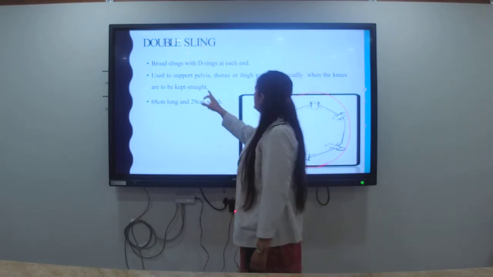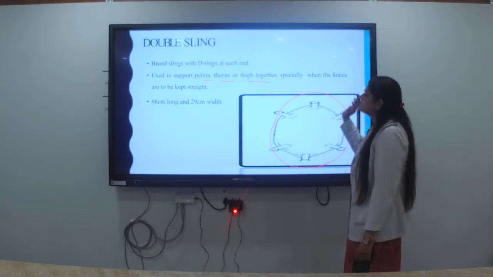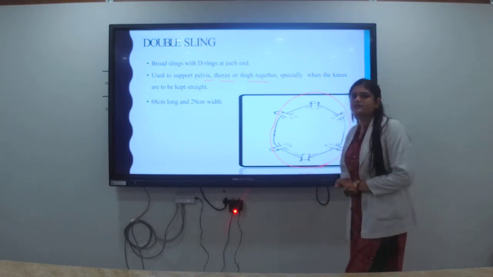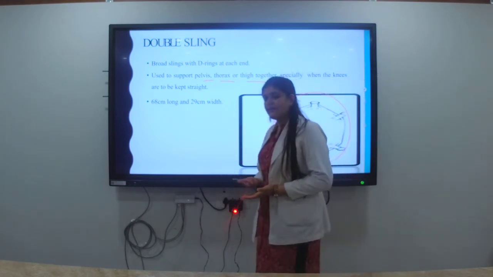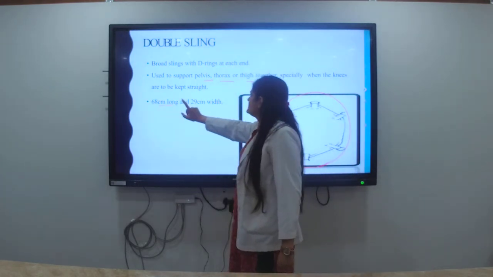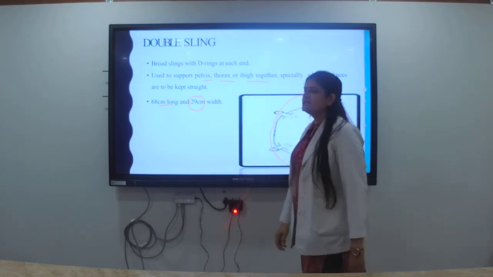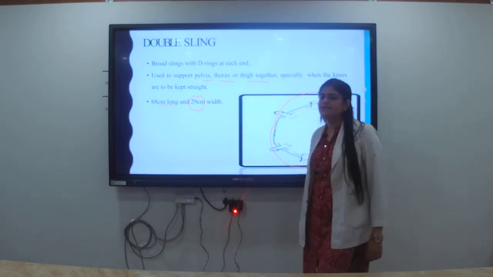It is used to support your pelvis, thorax and thighs together, especially when the knees are to be kept straight. So as I said, it's used for supporting a heavy limb. The length is almost the same, but the breadth is more as compared to the single sling. It's almost 29 centimeters wide.